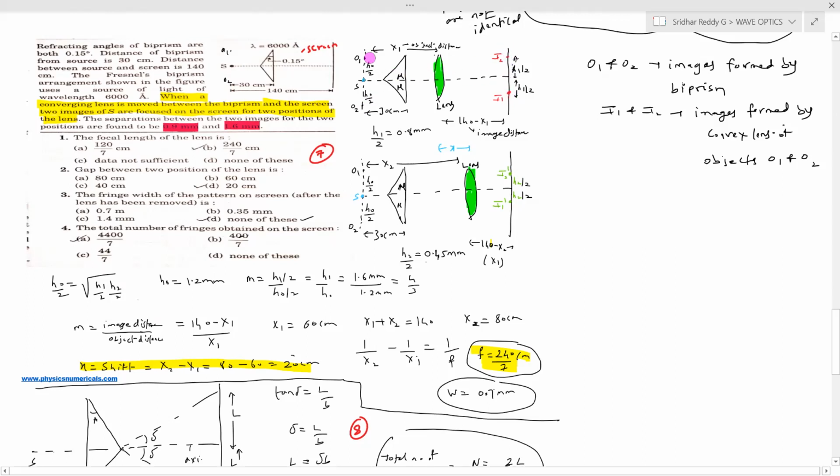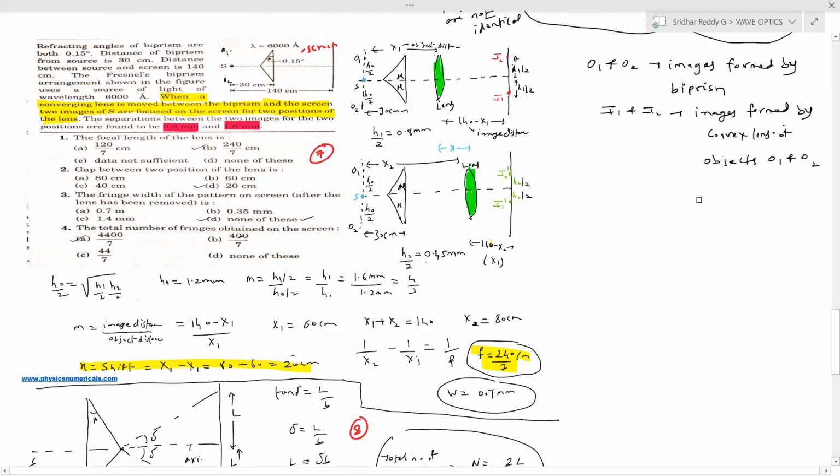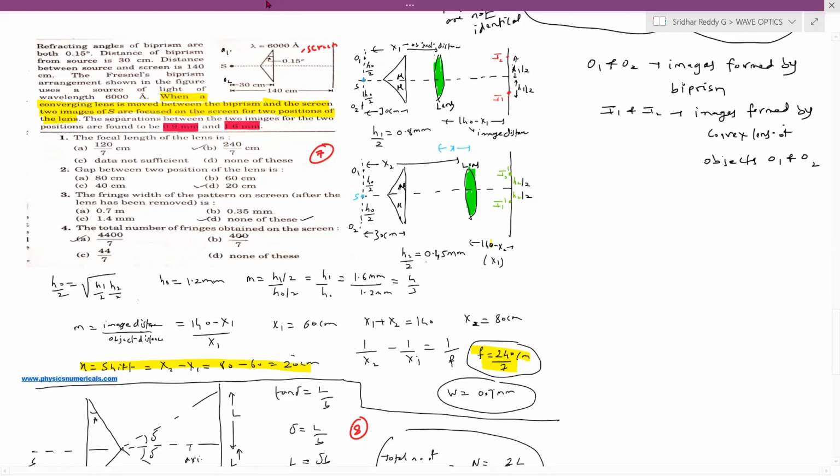Okay, next question comes up. Why is this not I1, why is this not I2? I think you should go back to the lens concept.